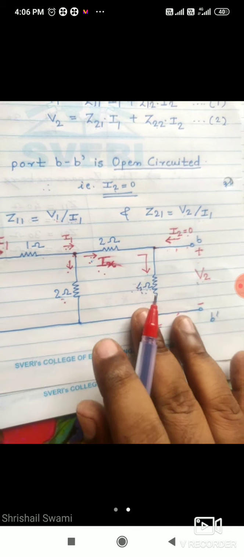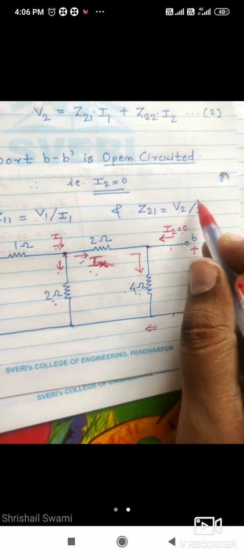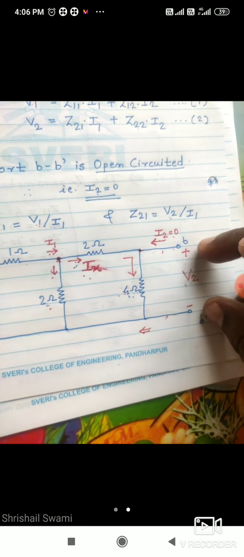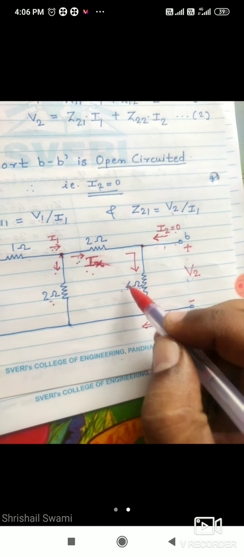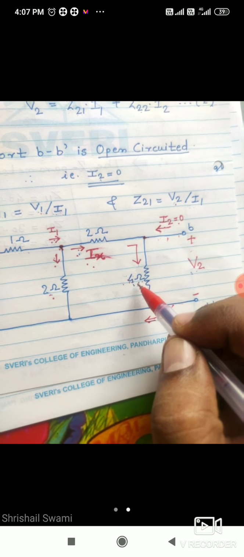So why it is required? Because we need to find out V2. We are going to find out the equation where we can get the relation between V2 and I1. So what is the value of V2? V2 is nothing but voltage across 4 ohm. To find out voltage, what do we need? Current and resistance. So resistance is already given, 4 ohm. So what is that current? That current is Ix.